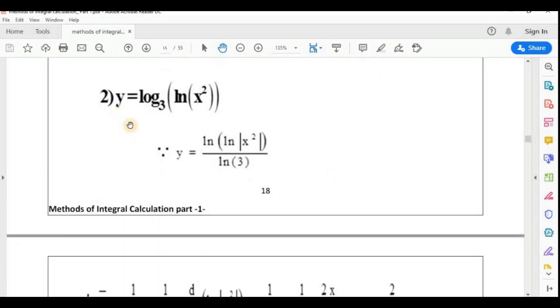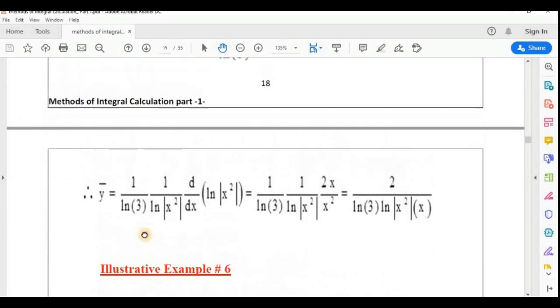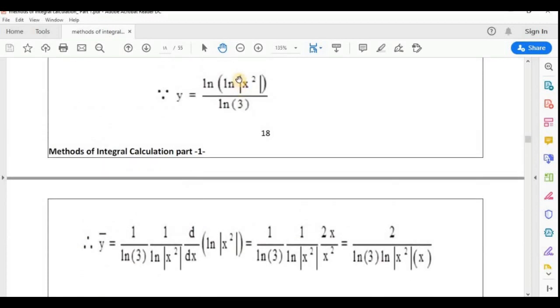We have another question. We have log, so we will transfer it to the natural logarithm. So it will be ln of x to the power 2, divided by base 3, so ln 3. Then we will find the derivative, so it will be 1 divided by ln 3, then 1 divided by ln x², multiplied by, this is the g(x), the derivative of ln x to the power 2.